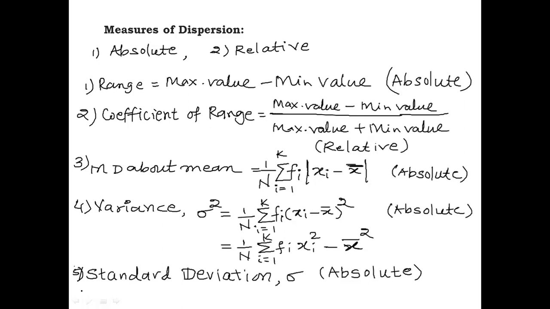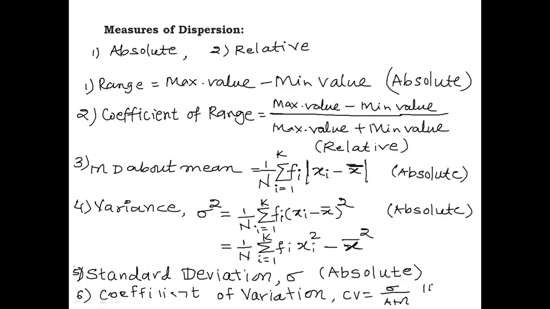Okay, and last is coefficient of variation, CV. This CV is equal to standard deviation divided by arithmetic mean x bar, multiplied with 100.